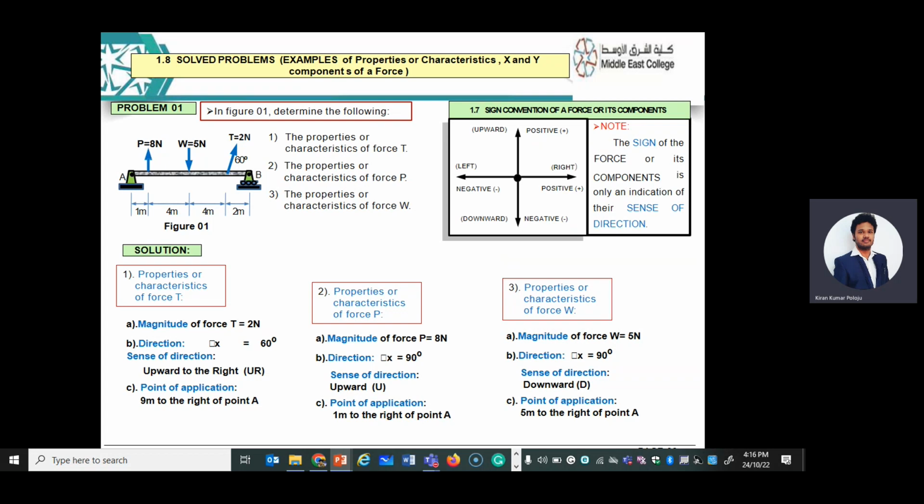We have a total of 8 directions: upward, downward, left, right, upward left, downward right. So these are the directions of force, and point of application is the point from which it starts or acts. I hope you are aware of this. Right side is always positive, left side always negative. Upward is always positive, downward always negative.